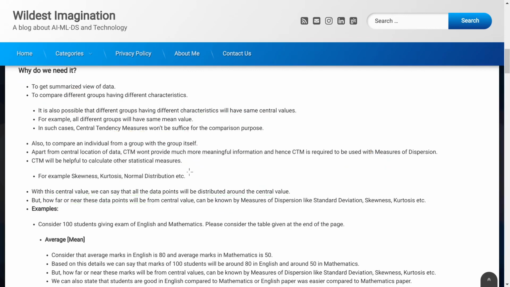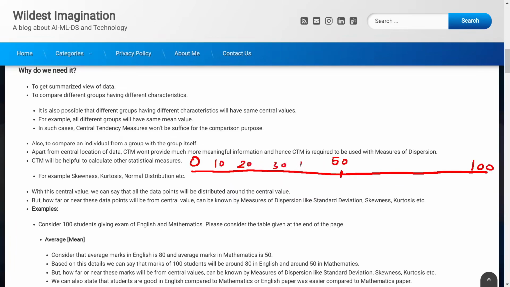To understand it, consider a line like this. It has values from 0 to 100, and let's say my central point has a value of 50, and we have different data points like 10, 20, 30, 40, etc. In the same way, on the other side we will have 60, 70, 80, 90, etc. With the help of measures of central tendency, we can say that all these data points will be distributed around this central value.